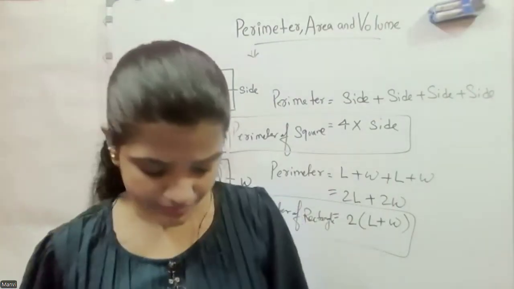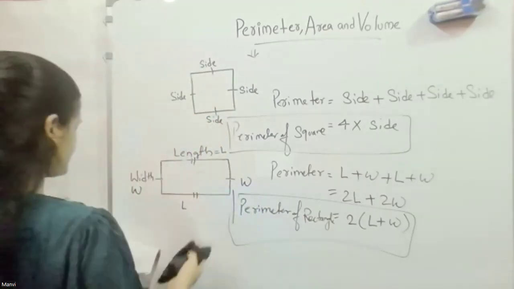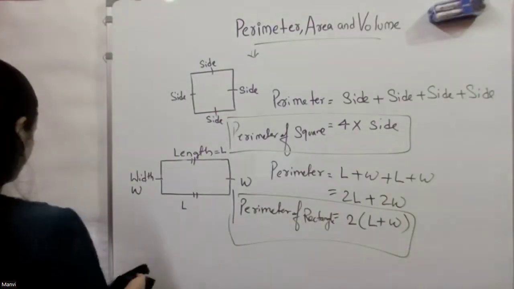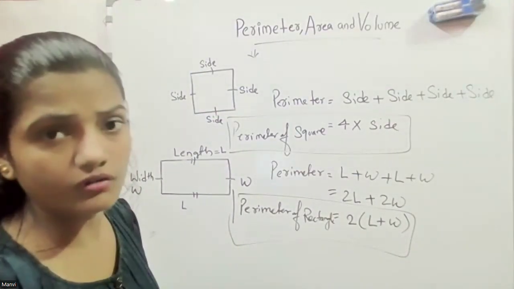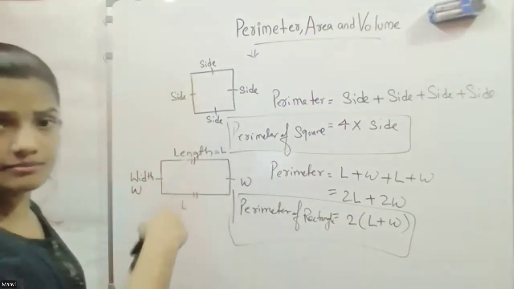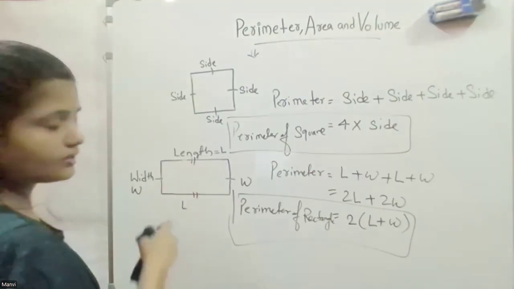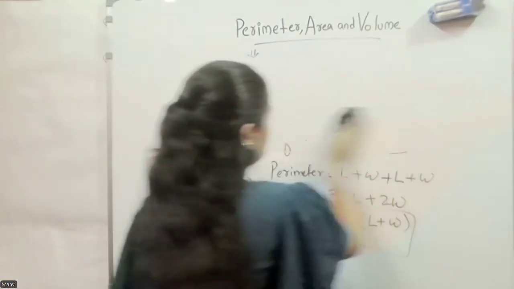Sometimes we have some different shapes, compound shapes, whose length and width are not always the same. We can draw it.